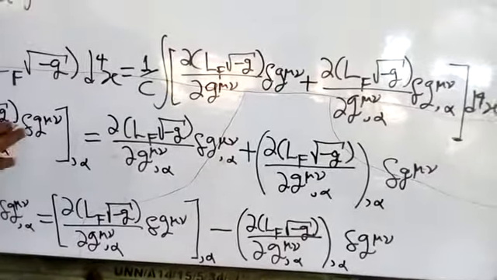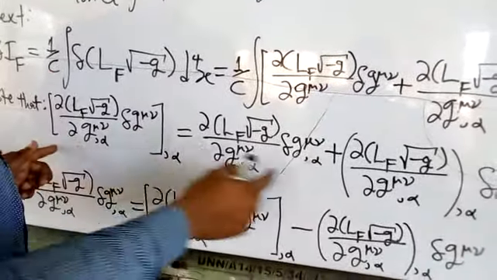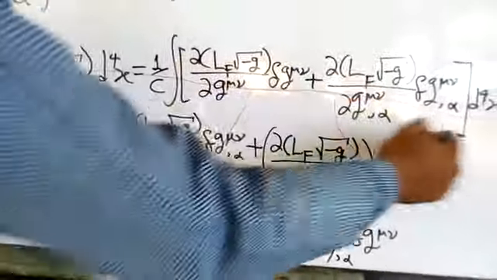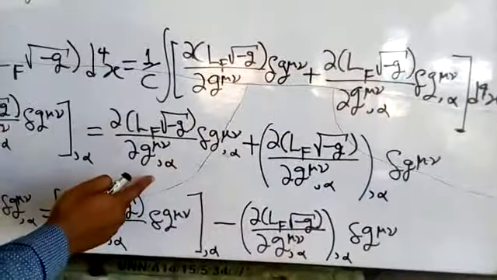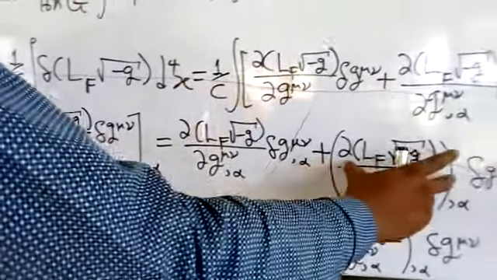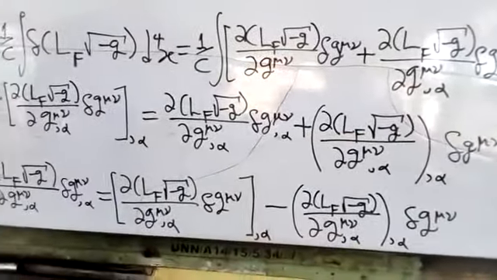Plus, we keep this constant and differentiate this, and this is what we get by the usual Leibniz rule. The second term can simply be made the subject of the formula by saying this minus that. And that's what we've got here.